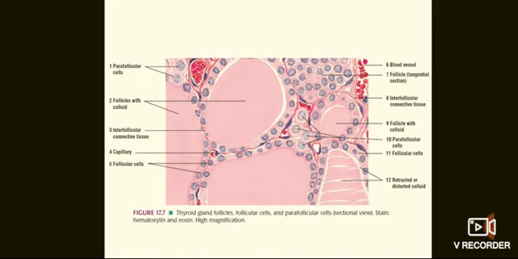These two hormones increase the basal metabolic rate, and parafollicular cells secrete the calcitonin hormone, which lowers the blood calcium levels.